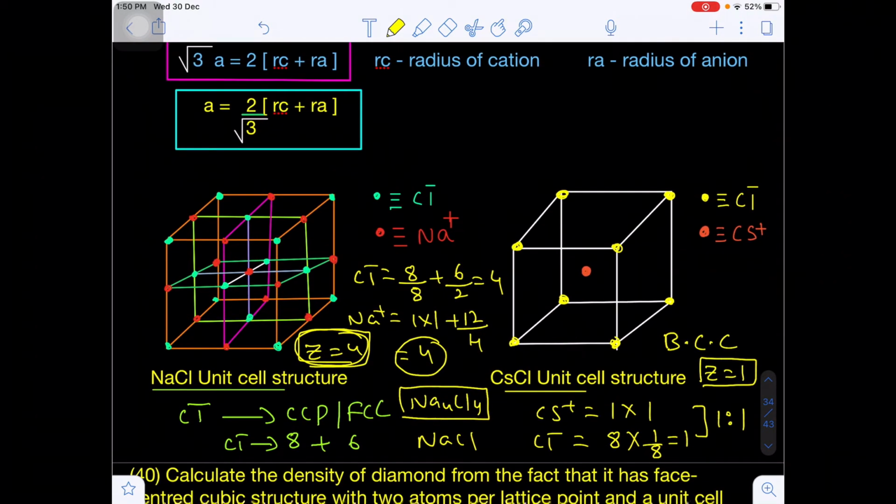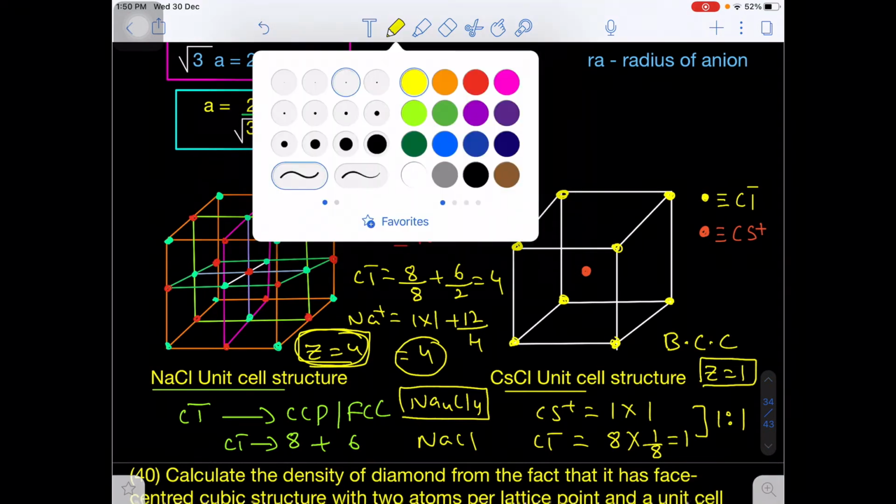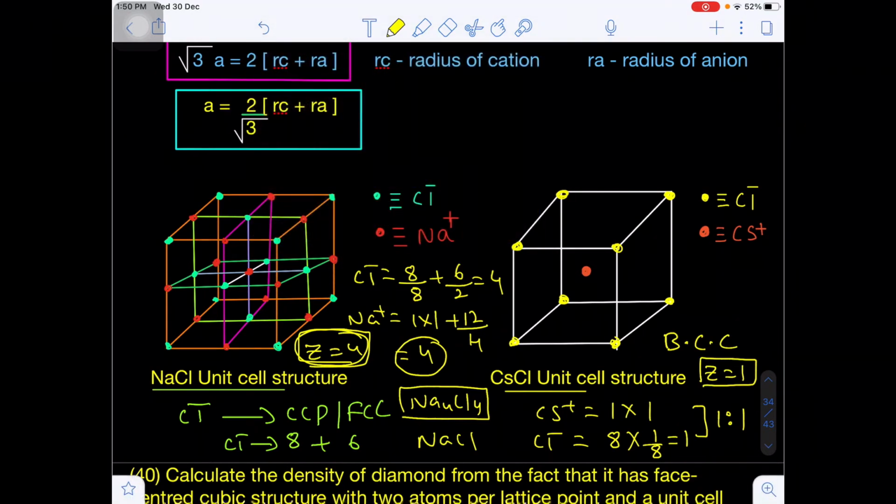Here we have to see the edge length. Now in case of cesium chloride, if you see, only the body centered and the corner atoms will be in contact with each other. Corner atoms do not touch directly, but the corners will always touch the body center atom. So we know the body diagonal length will be root 3a, which is equal to the radii of the chloride ions.